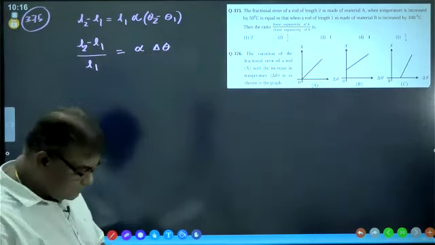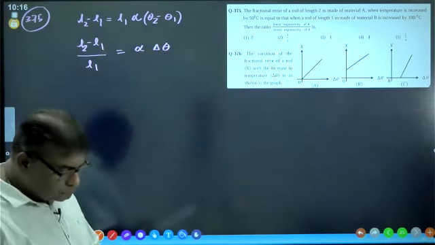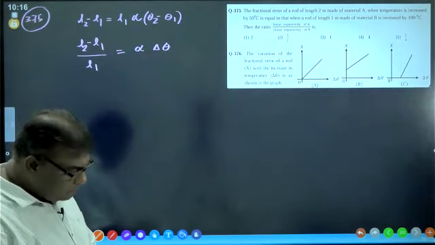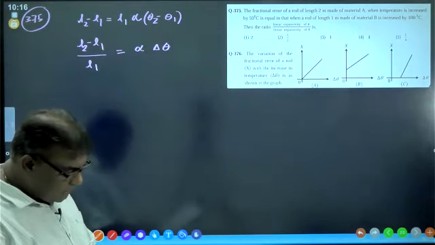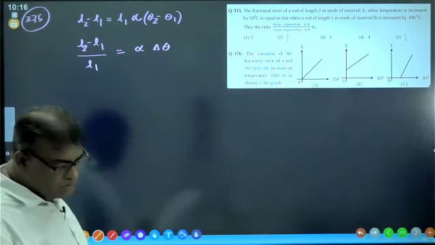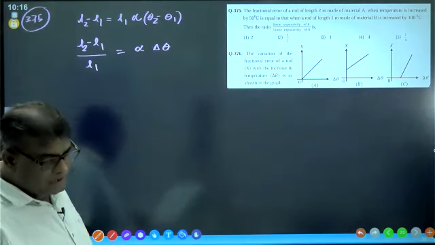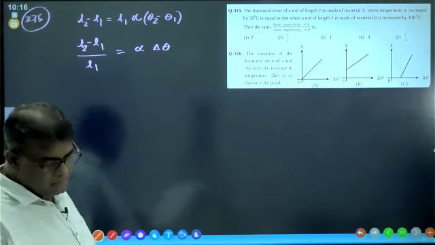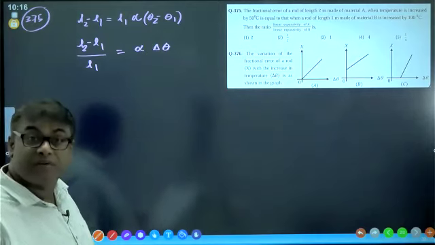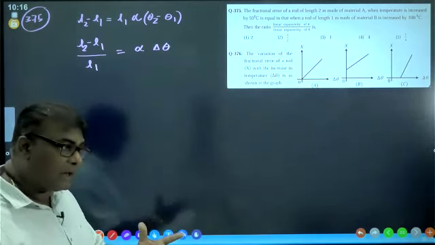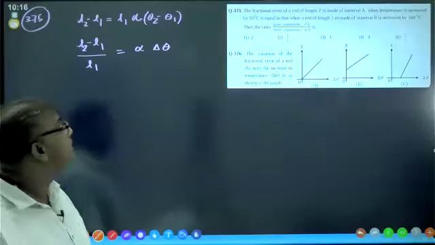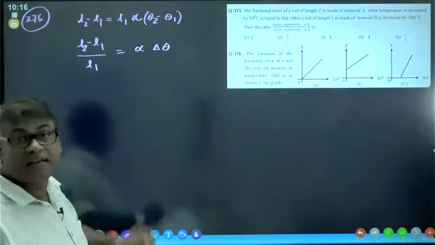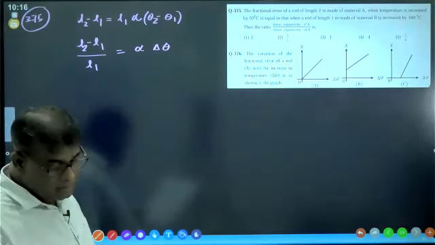Okay. Then you are given the temperature increase for A, with the length 2 meter. The fractional error or fractional change of length doesn't depend on the initial length, right?